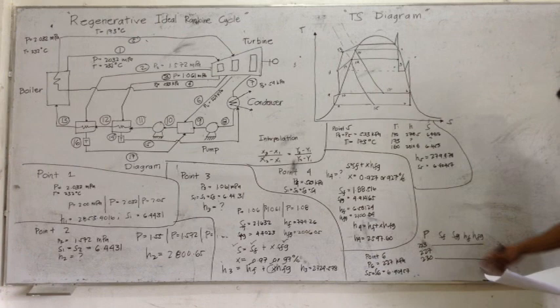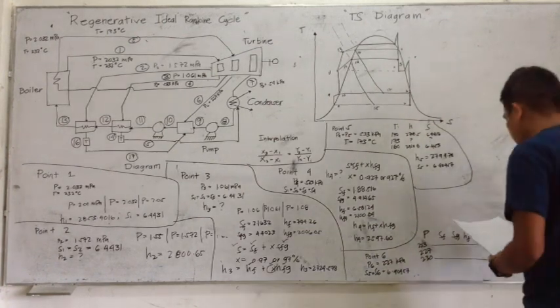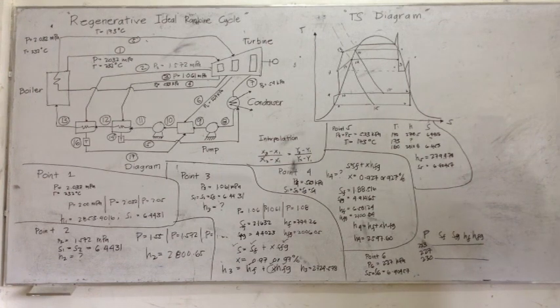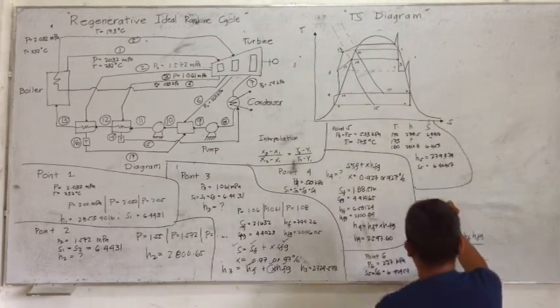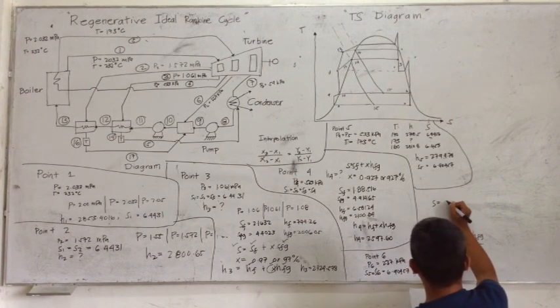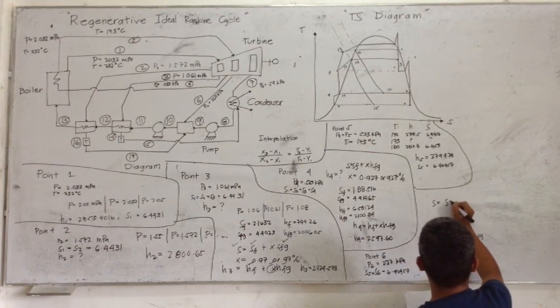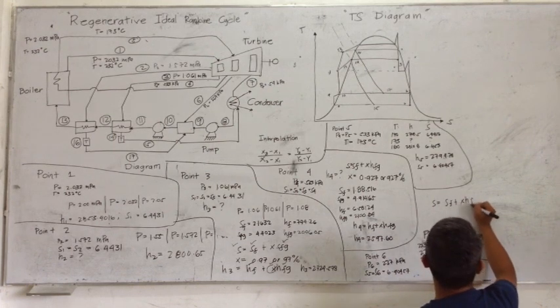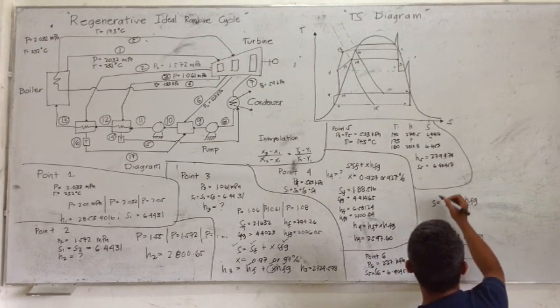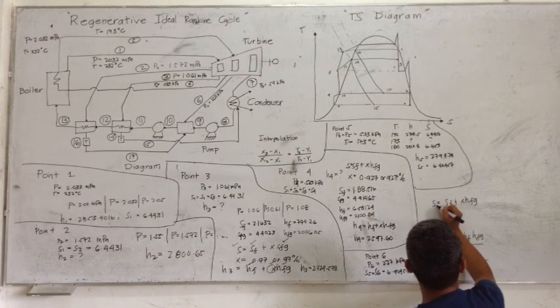By directly substituting in our interpolation method, we use the formula S equal to SF plus X HFG, where S is S5, S6.